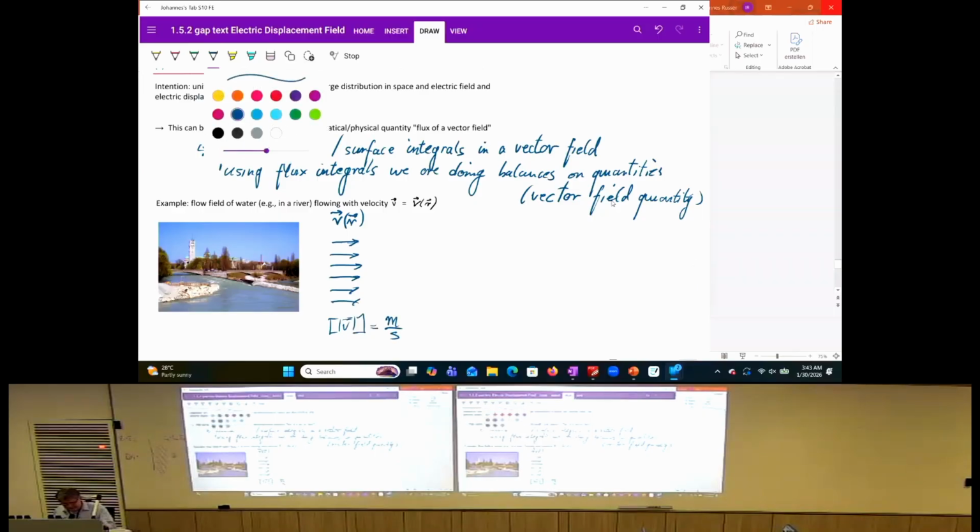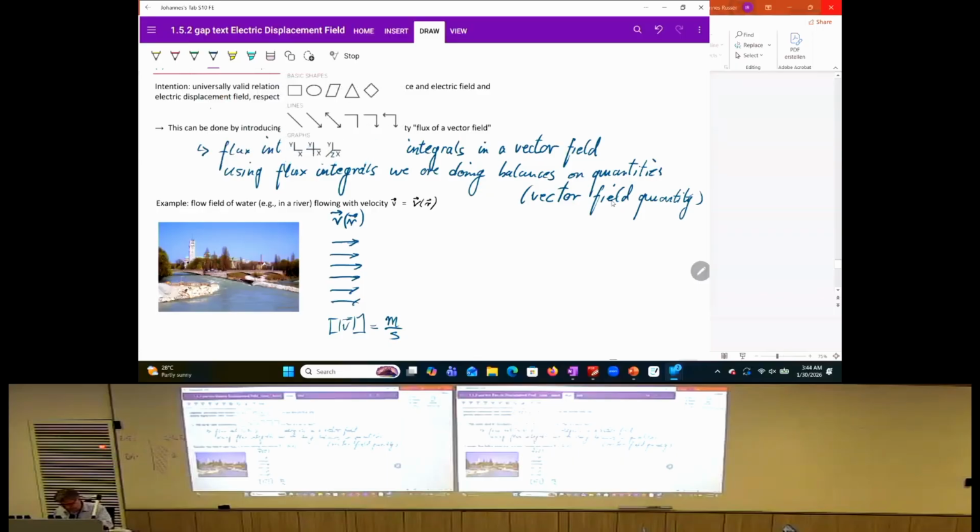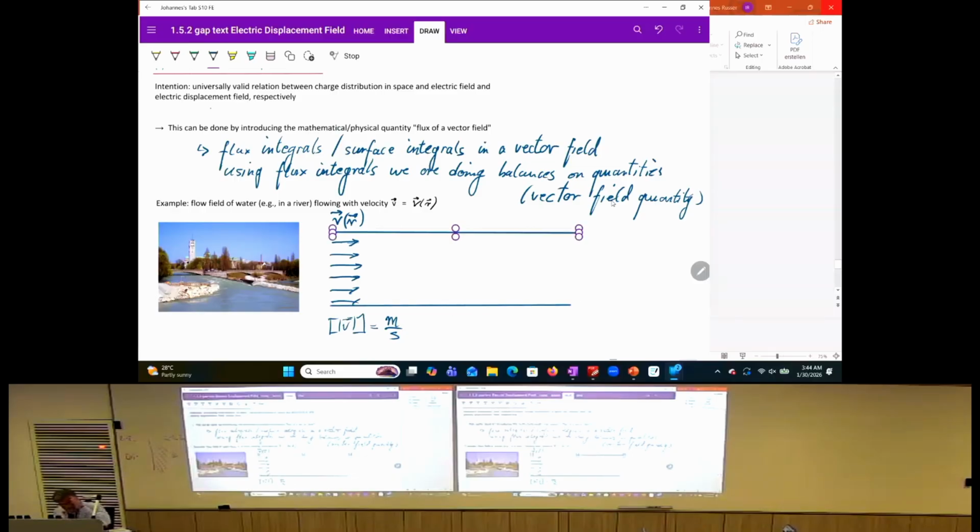And let's sketch here some boundaries. So basically you have a flow here within these limits. Then you could specify here a surface. This is kind of a 3D sketch. This is my surface. I want to know how much of that water is flowing through the surface. This surface element that I'm considering has an area which I denote with A. So this is our first scenario.